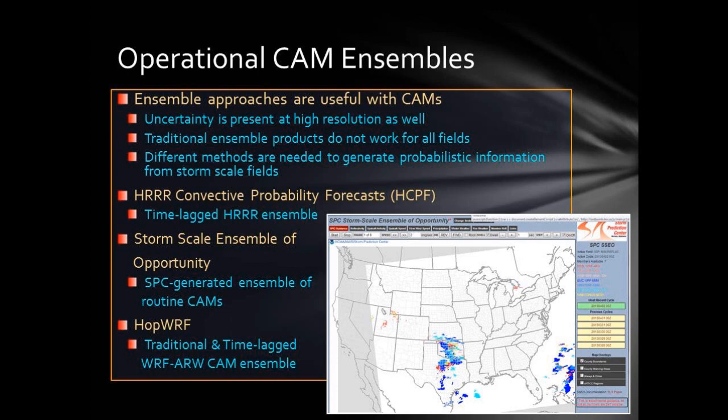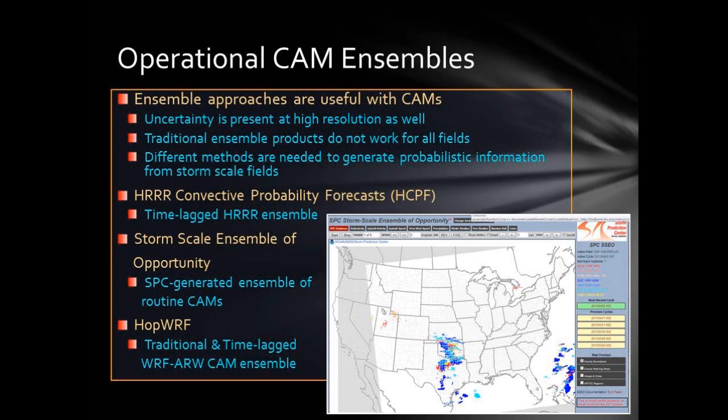So what the folks at SPC have done with the storm scale ensemble of opportunity, they've done some of these things like these neighborhood approaches where they're making searches within a radius to do a lot of that stuff. So we're working on setting that up along with some of the more traditional means of doing ensembling. But this is an example of what's available from SPC. It's really good stuff. I've encouraged our staff to use it all the time.